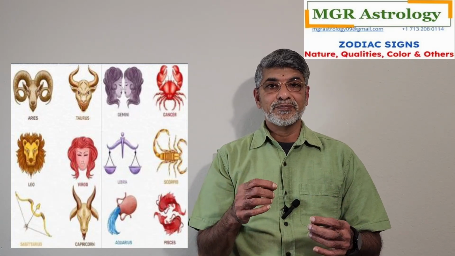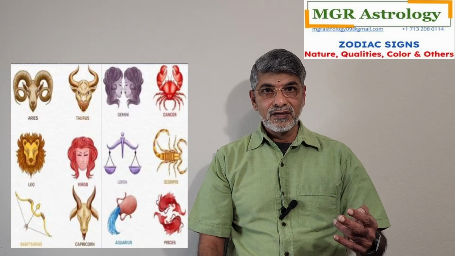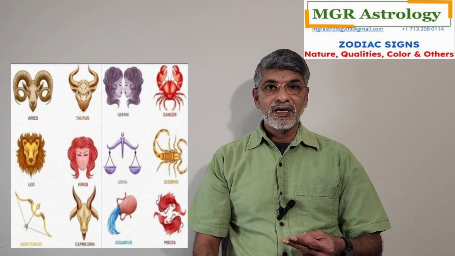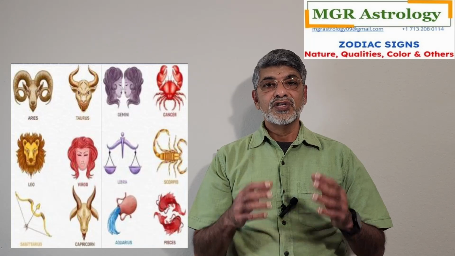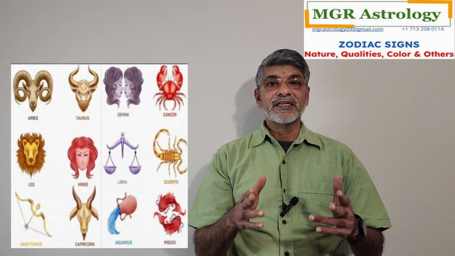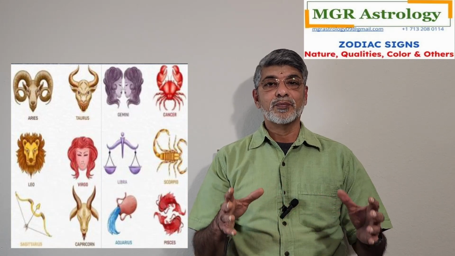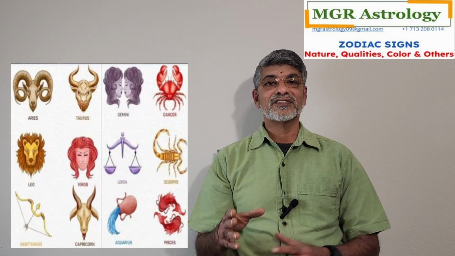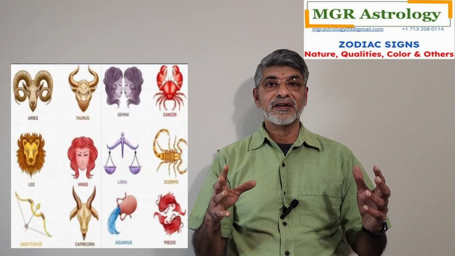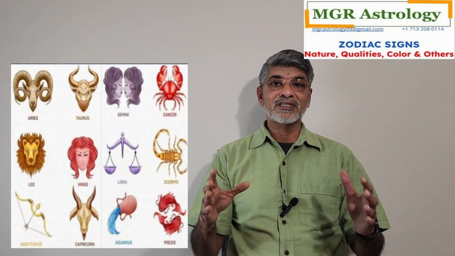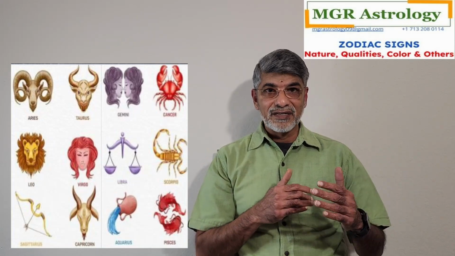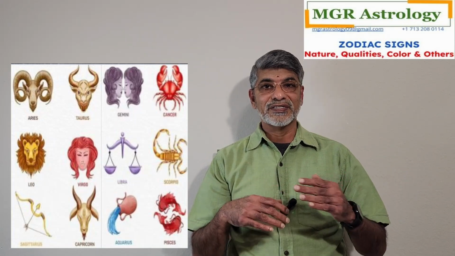For example, a rasi or sign with movable and watery is equivalent to moving water bodies like rivers. In case it is fixed, it will be small ponds and related things, whereas dual is sea or ocean, where a certain portion of the sea is static, and when it touches the land, there are movements of the water as waves.